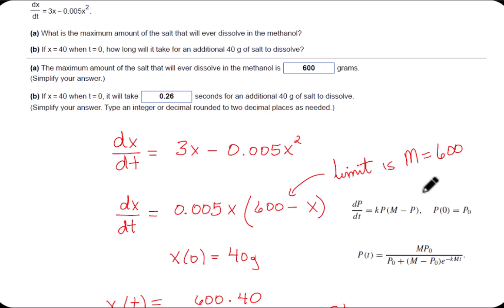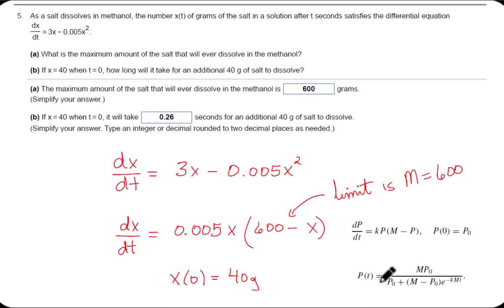So we have all this information about what we started off with, K and all that. Let's see, anything we need from here? If at time 0 we had 40 grams, how long will it take to get to double that? And if we let this thing keep going, what is the most we ever get? Well, that's the limit, and that limit was 600.